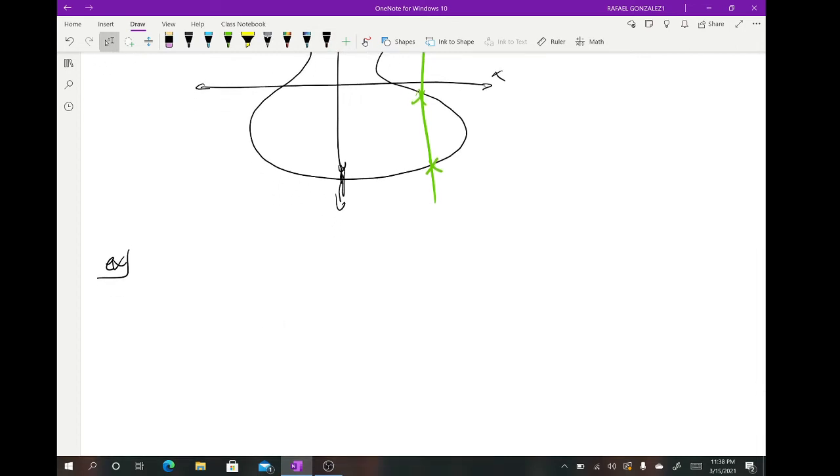I'm going to give you an example right now of how we could represent some equations as functions in terms of y.